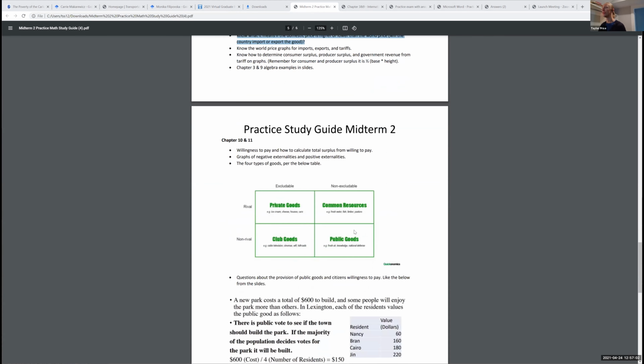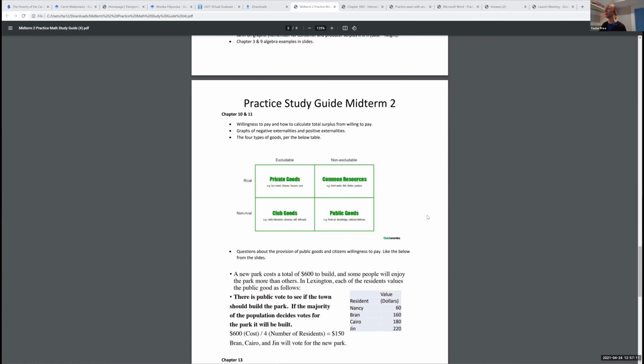Yeah, and for this one too, I stole this from Quick Economics. This is a good way too, because I don't think I actually included a little table in my slides for the different types of goods. I find this really helpful to think about private goods as excludable and rival.